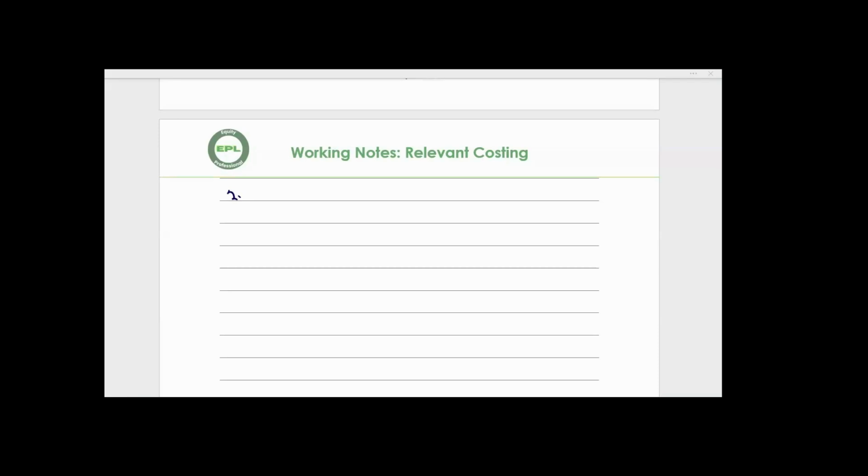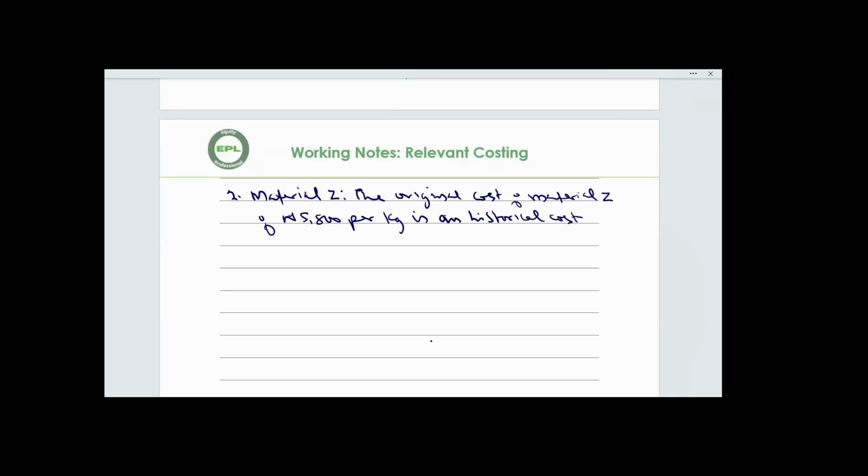Let's indicate that. Material Z. The original cost of material Z of 5,800 naira per kilogram is a historical cost, and therefore not relevant to the calculation.